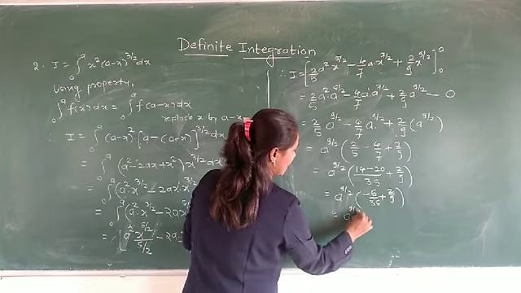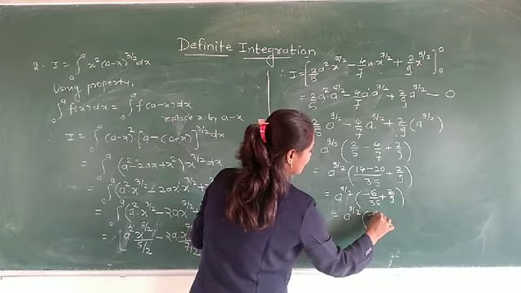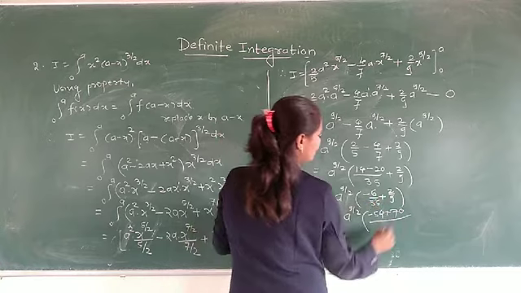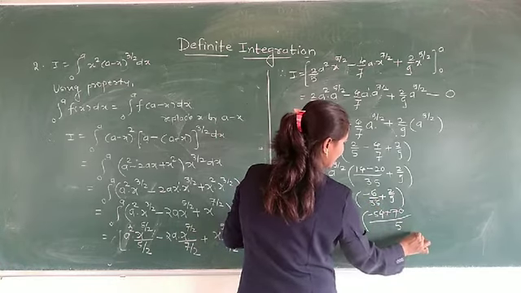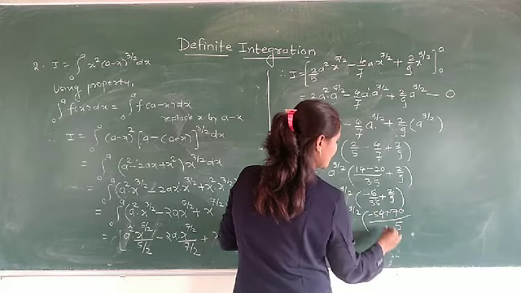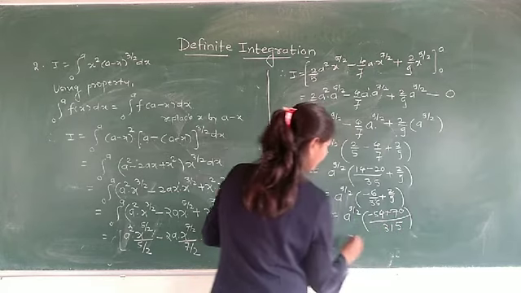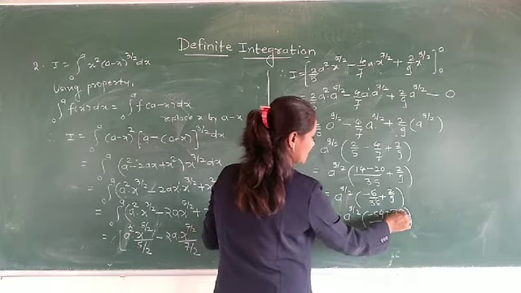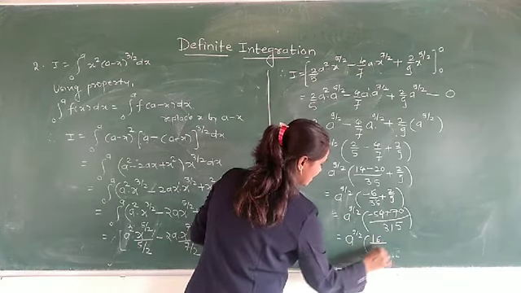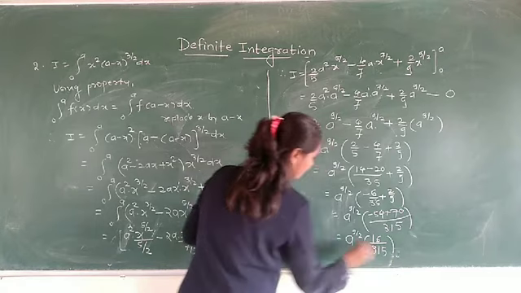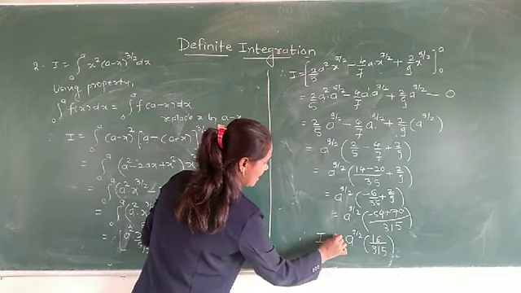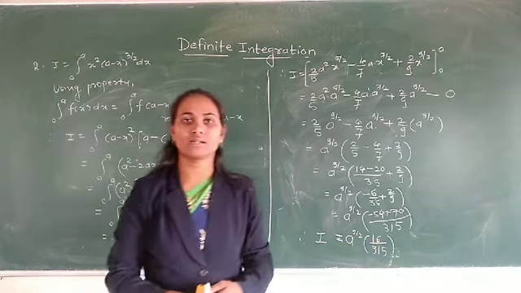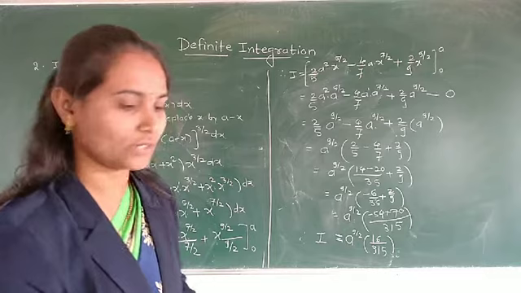That is a raised to 9 by 2, minus 54 plus 35 into 2, that is 70. 35 into 9: 9 5s are 45, carry 4, 9 3s are 27 plus 4, 31, that is 315. A raised to 9 by 2, minus 54 plus 70, that is 16, divided by 350. Therefore, I is equal to a raised to 9 by 2 in bracket 16 upon 350. Now see the next question number 3.